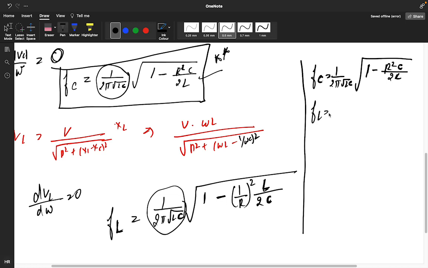And fL will be 1 by 2 pi root under LC, root under 1 minus 1 by R square L, and this will be 2C. That's it. Up to here it's clear for everyone.